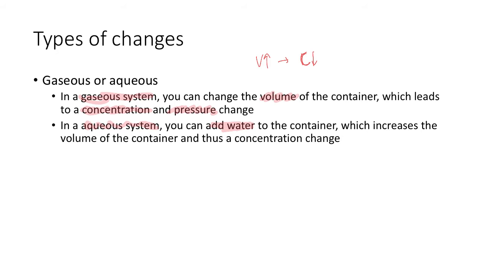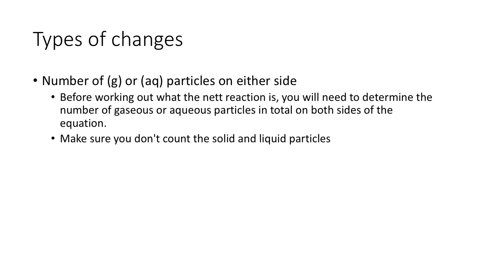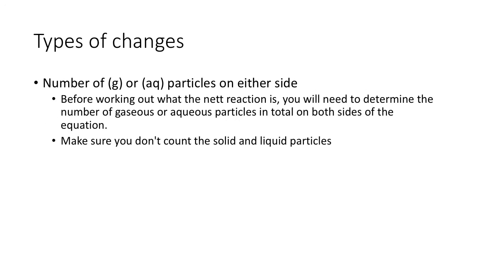So when you add water to an aqueous system, you increase the volume of the substance, and therefore you decrease the concentration. All right, so those are the things that you can do to make a change in the equilibrium system.